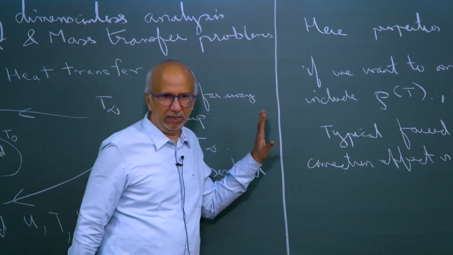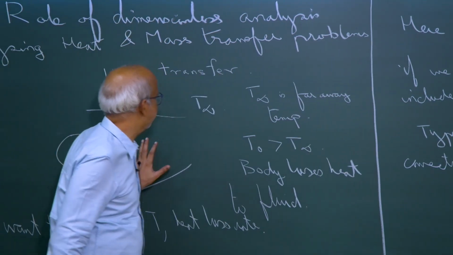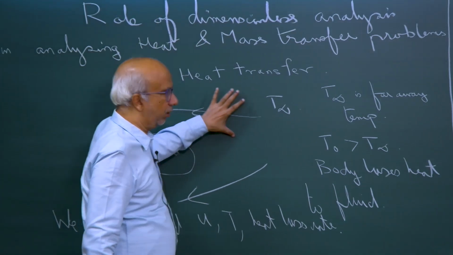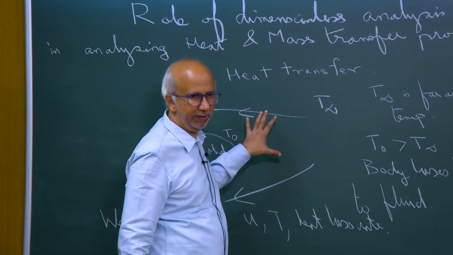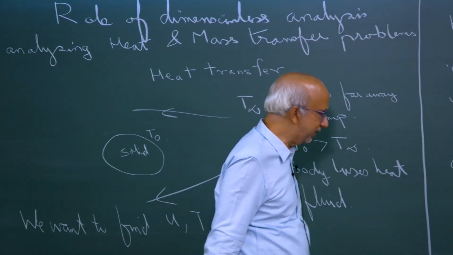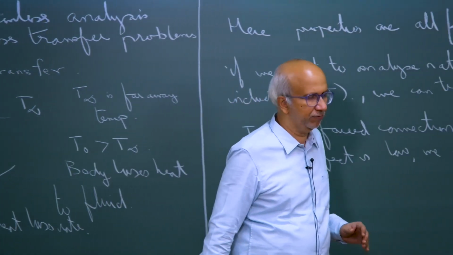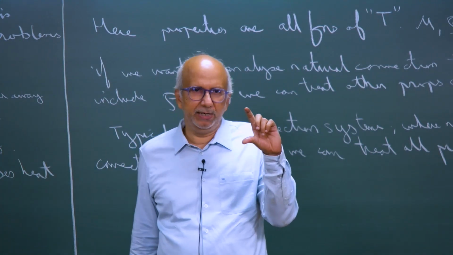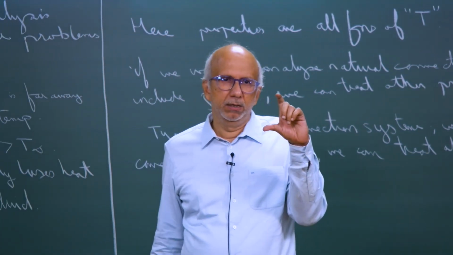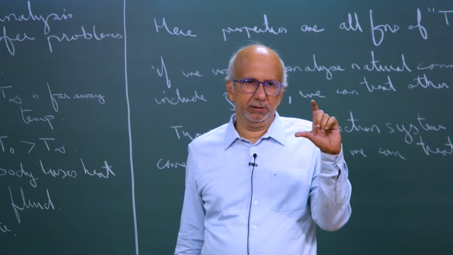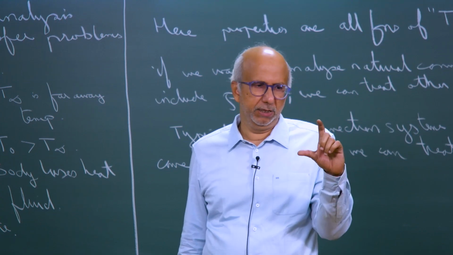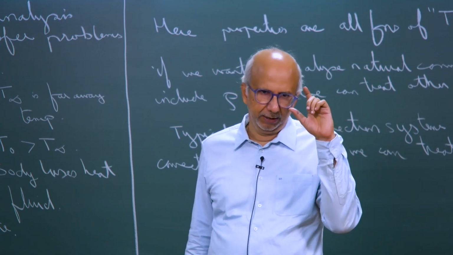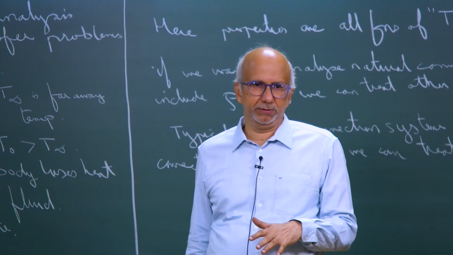So, although we are dealing with a heat transfer problem where the temperature is changing, we will normally assume the properties are constant. What is the advantage of this? The advantage of this is mathematically we are decoupling the momentum equation, the Navier-Stokes equation, the continuity equation from the energy equation.